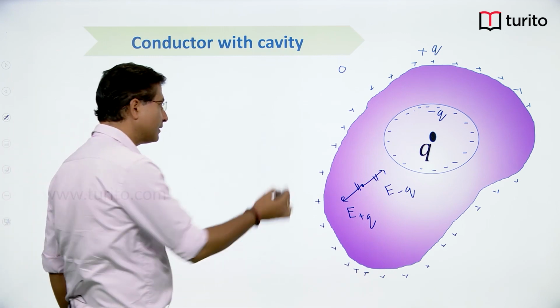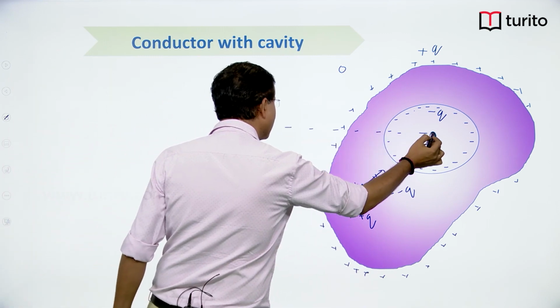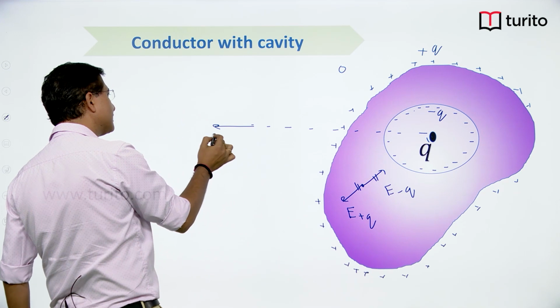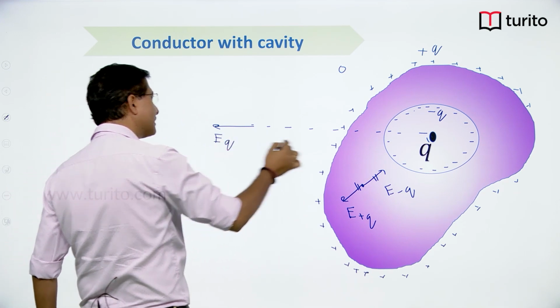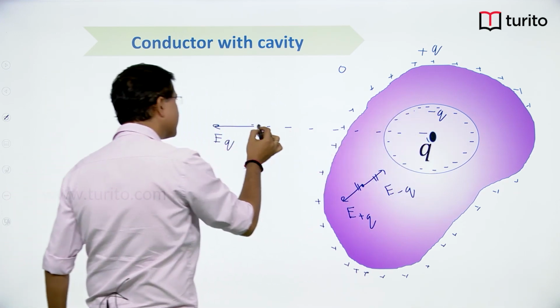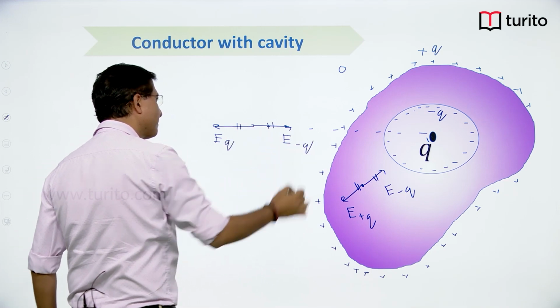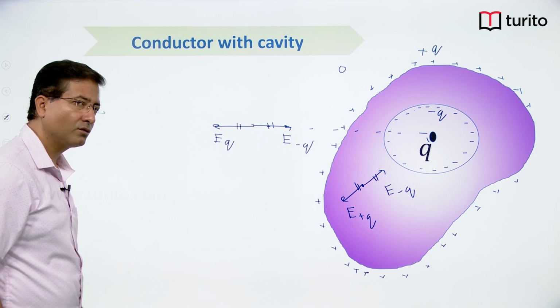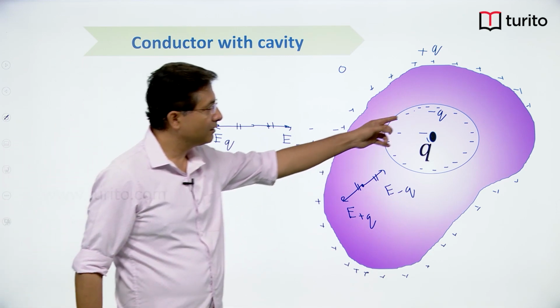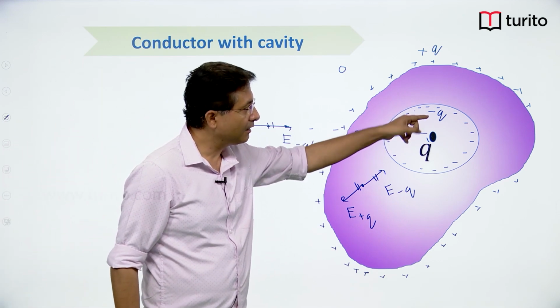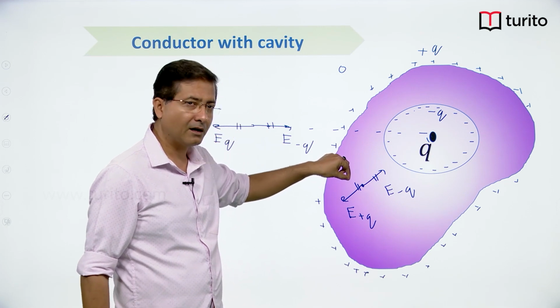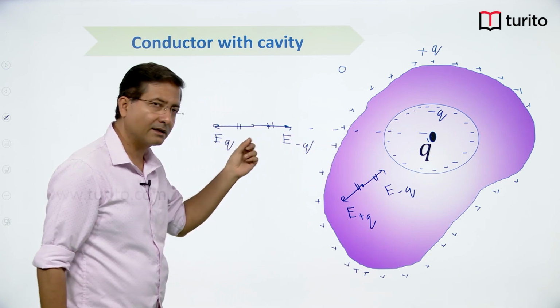Even if I go outside, somewhere here, this positive charge will produce field in this direction and this negative charge will produce field in this direction and they will cancel each other, right. So, in combination they will have net field on the conductor and outside the conductor 0.